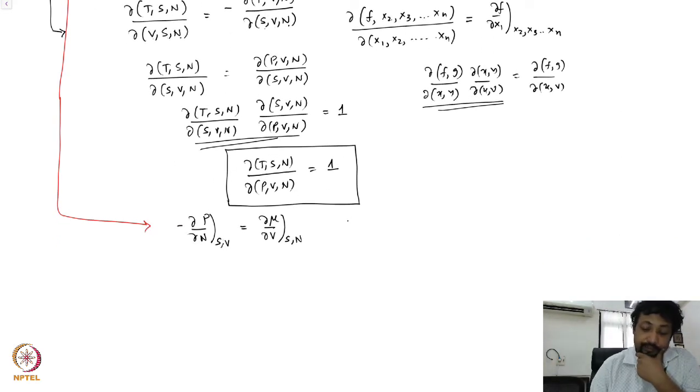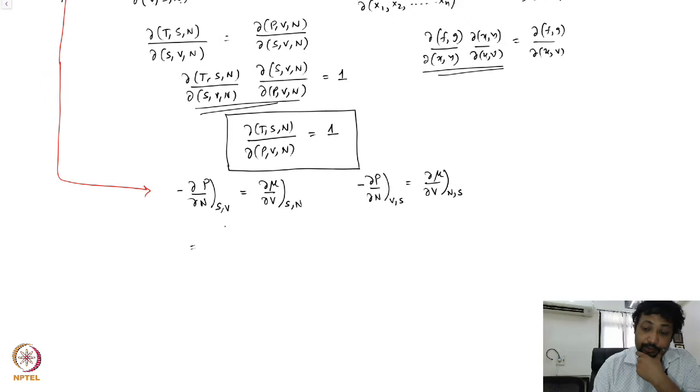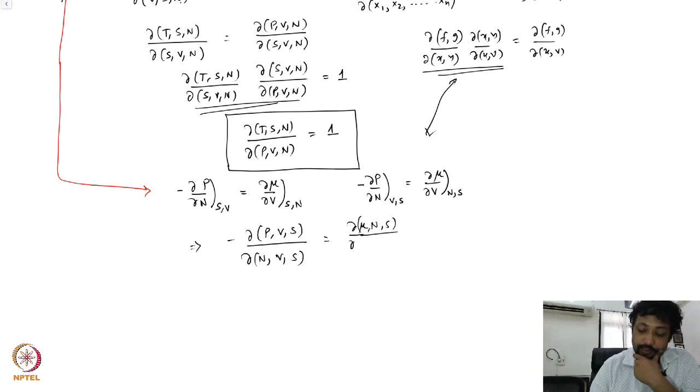For the ease of it, I will simply write this as minus del P, del N. Since S is constant on both sides, I will simply write it as del mu, del V at N comma S. And using this relation again, if I borrow it, then this implies that minus del of P,V,S, del of N,V,S is equal to del mu of V comma N comma S, and del of V comma N comma S.